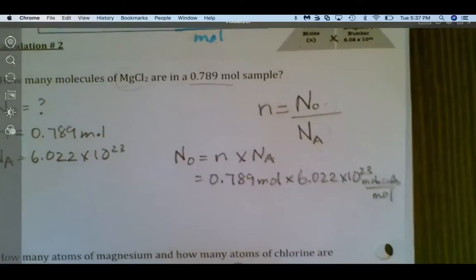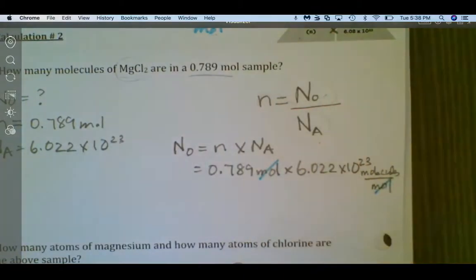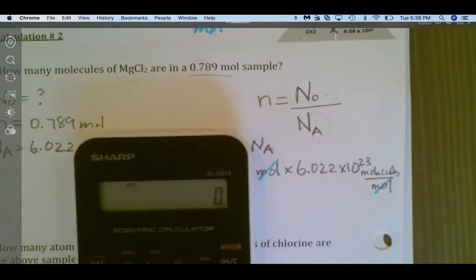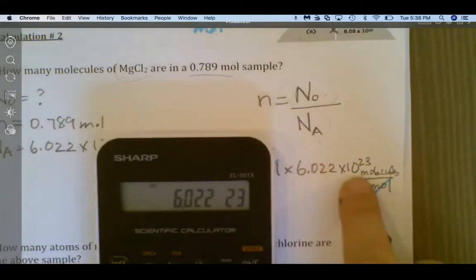And what I notice in this scenario is that my moles will cancel out because I have one unit in the numerator and one in the denominator, and then I go ahead and put this into my calculator. To enter Avogadro's number, which I'll put first, 6.022, I use my EXP button, and that already gives me the times 10, so I don't put times 10, the EXP button does that for me, 23, so there it is.